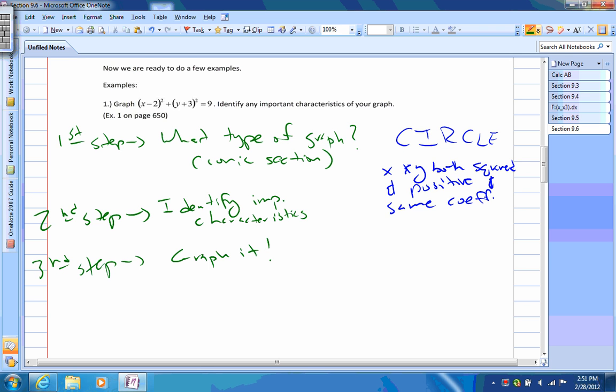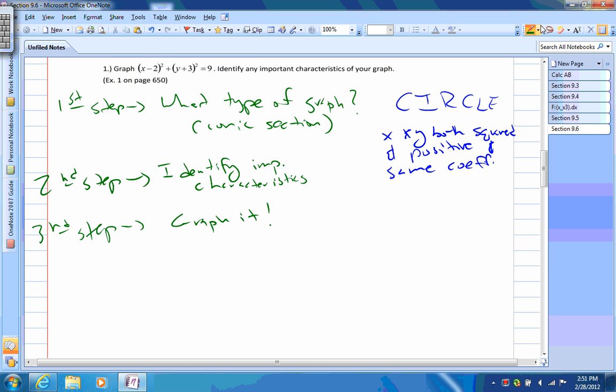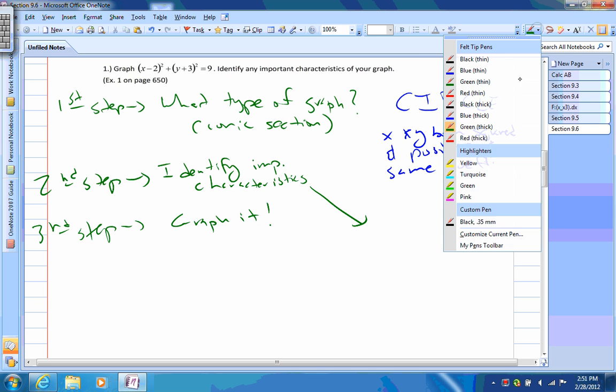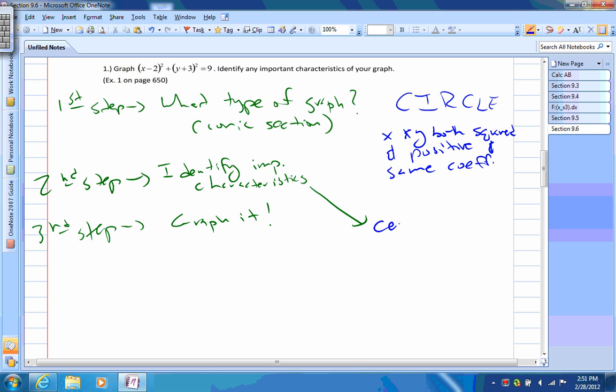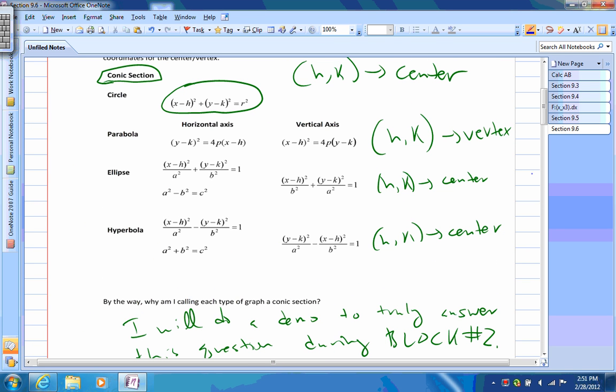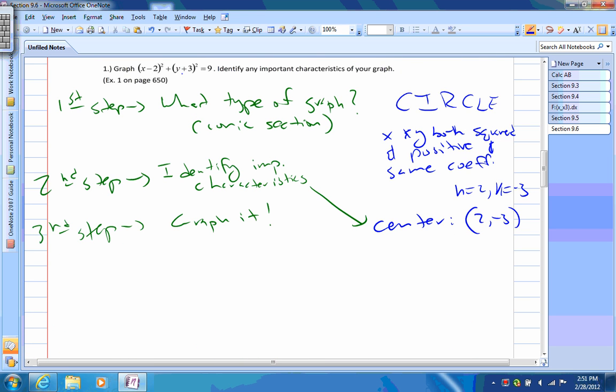So if I think about it, because it's a circle, the center will be at 2, -3, because remember that's h and k. h equals 2 and k equals -3 for this problem, going all the way back up to that general formula for a circle. And r, your radius, is going to be 3, since r squared equals 9.